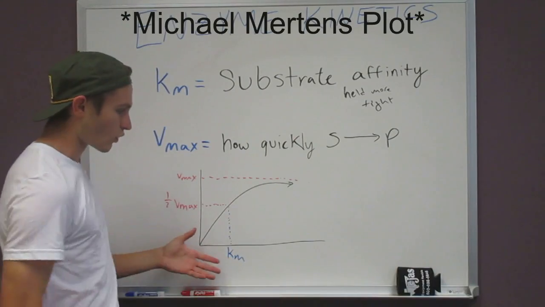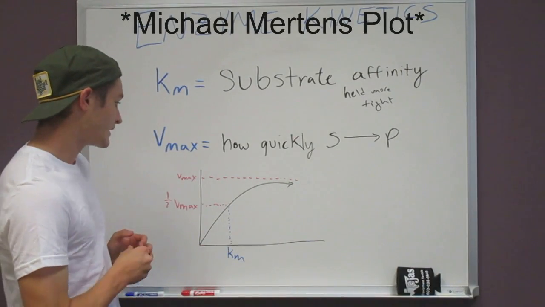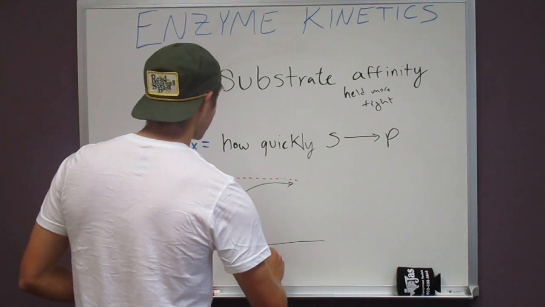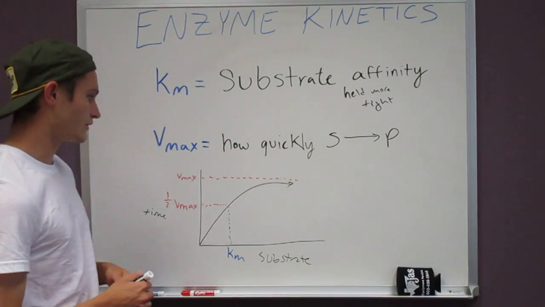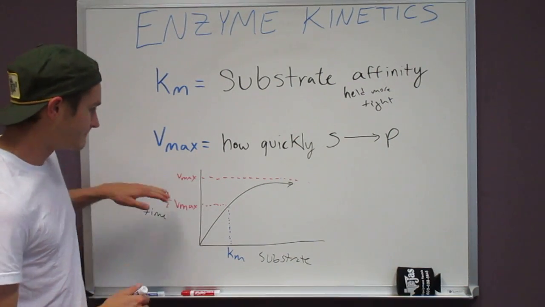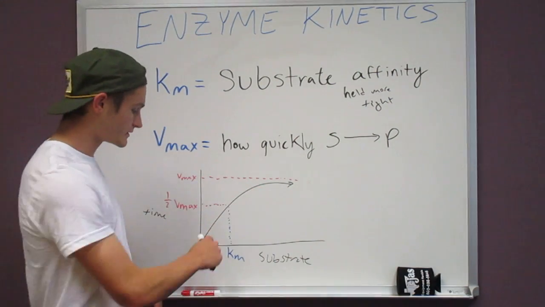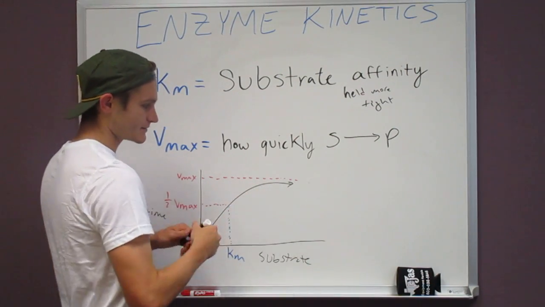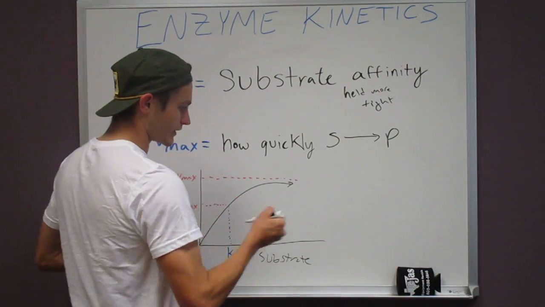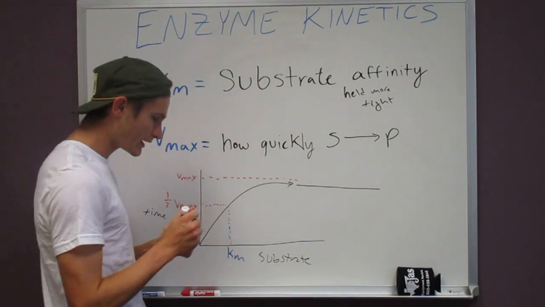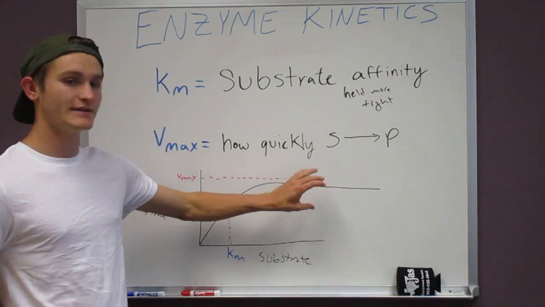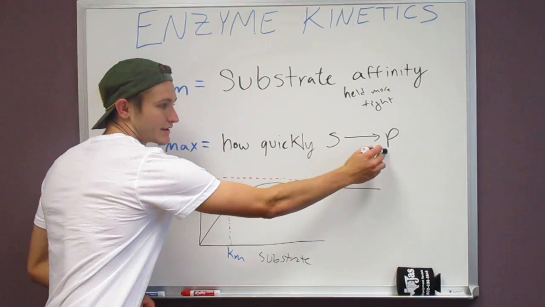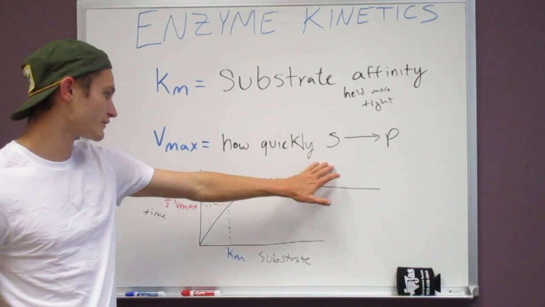This is a normal plot that you'll see, and at the top of this line here, this is the max. So it cannot go above a certain point. At a certain point it'll plateau and not be able to go any further. That is the Vmax. That is the max speed that substrate can turn into products. So it cannot go any quicker than that.